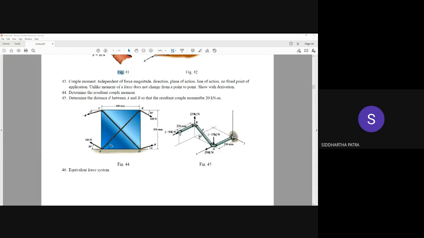The x component of the moment should be 35d root 3 by 2, because the normal distance between the 35 kilonewton forces is d root 3 by 2. So along the z-axis it is 25d root 3, along the x-axis it is 17.5d root 3, and along the y-axis it is 25d. Is that what is coming?